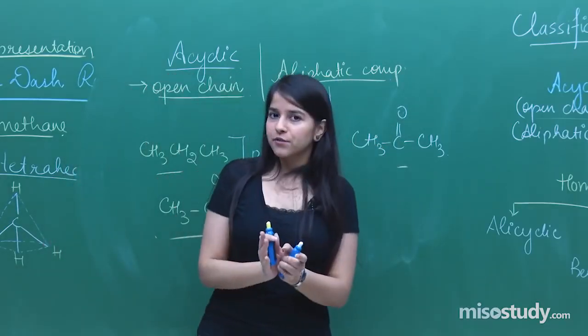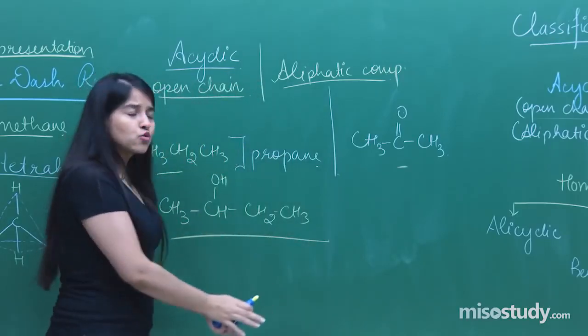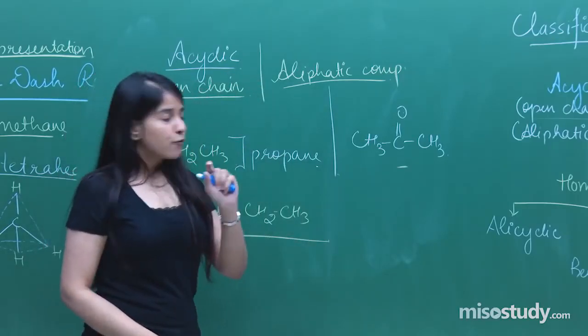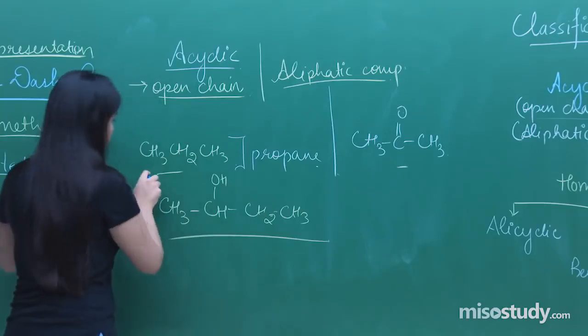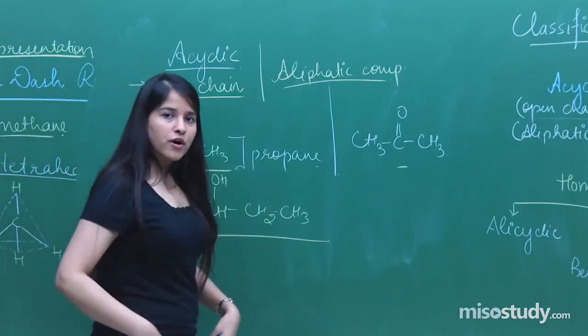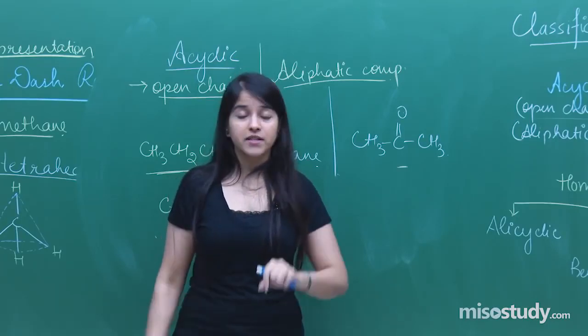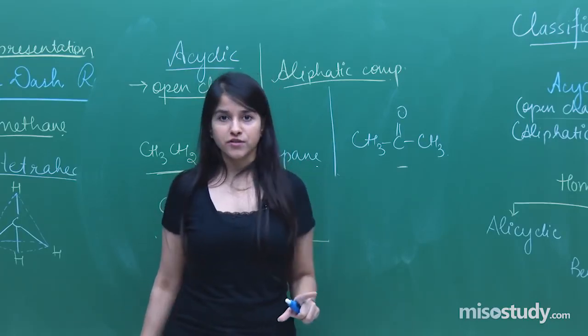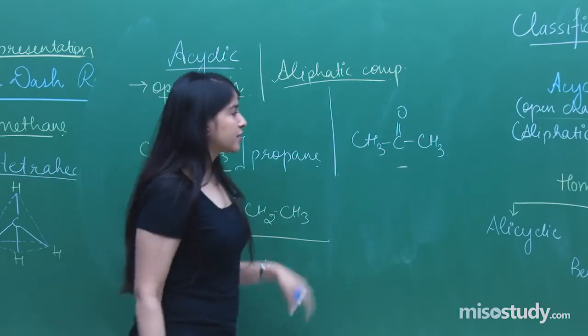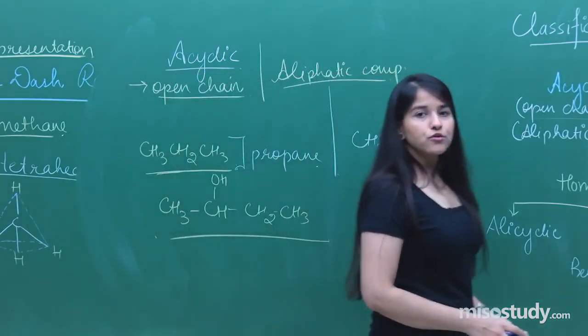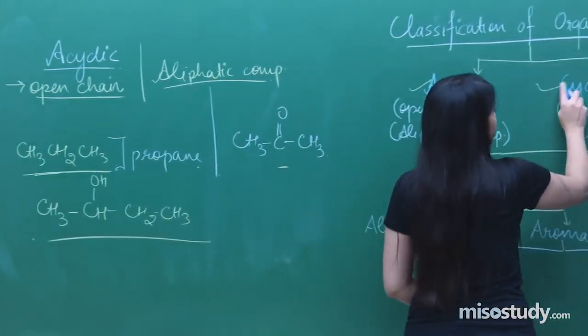I hope everybody is clear with the idea. Acyclic is super simple, having straight chain structures, or I can have different kinds of branches in the structure, but no ring is required. I want no ring structures here. Let's move on to the cyclic part.